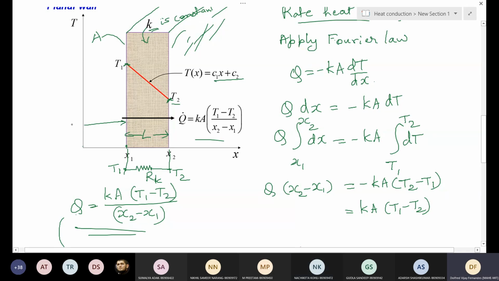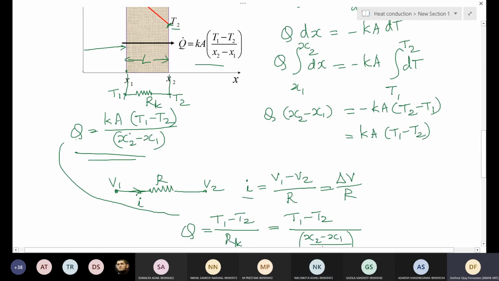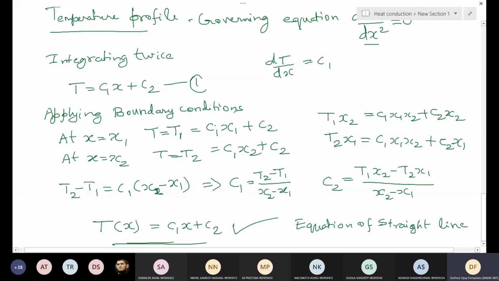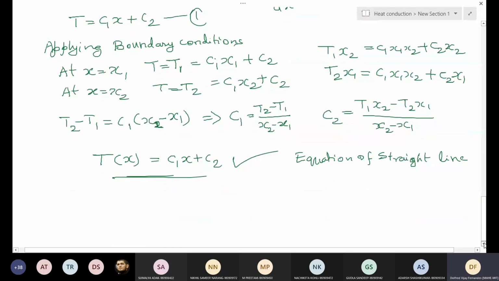So if you move the y-axis to the wall here, now what will happen to your C1 and C2? Your x1 is 0, temperature will be T1 there as it is, and x2 will be L. Just substitute into this equation, and you will have C1 equal to T2 minus T1 by L, and C2 is nothing but T1.